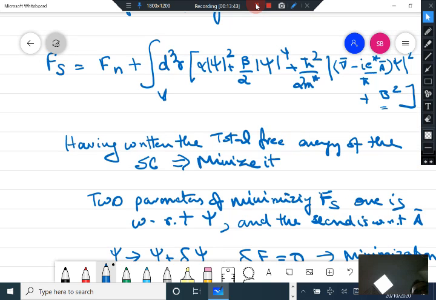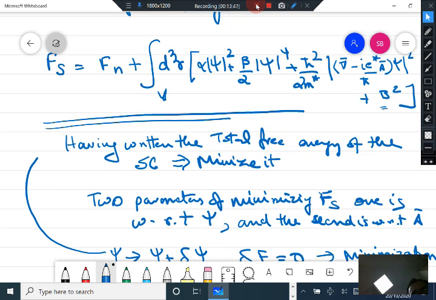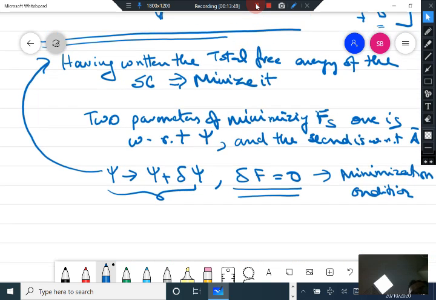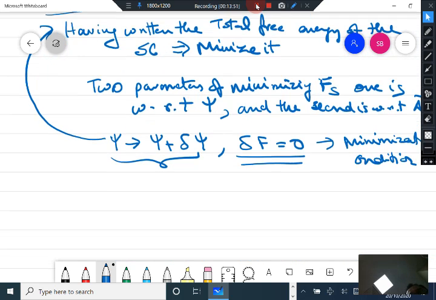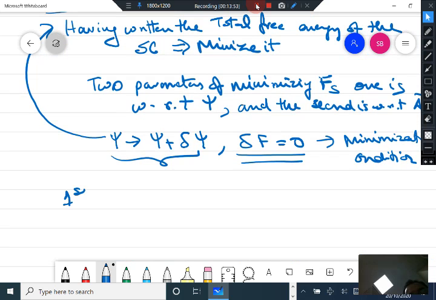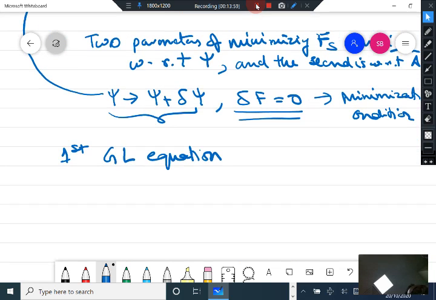When you do this variation psi to psi plus delta psi in the above expression and put delta f equal to 0, you will get your first Ginzburg-Landau equation, the first GL equation, which is alpha psi plus beta mod psi square psi plus 1 by 4m.